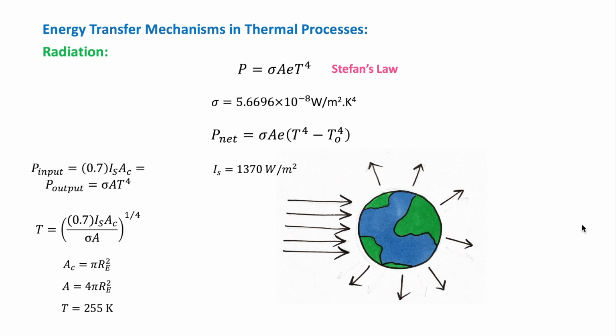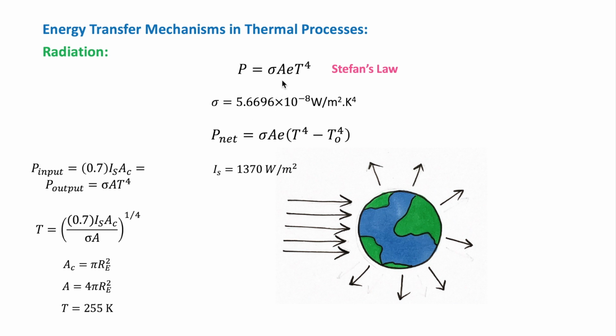So the rate at which an object radiates electromagnetic waves from its surface due to thermal radiation is given by Stefan's law: P = σAeT⁴, where P is the power radiated by the surface in watts, and σ is the Stefan-Boltzmann constant given by this value.